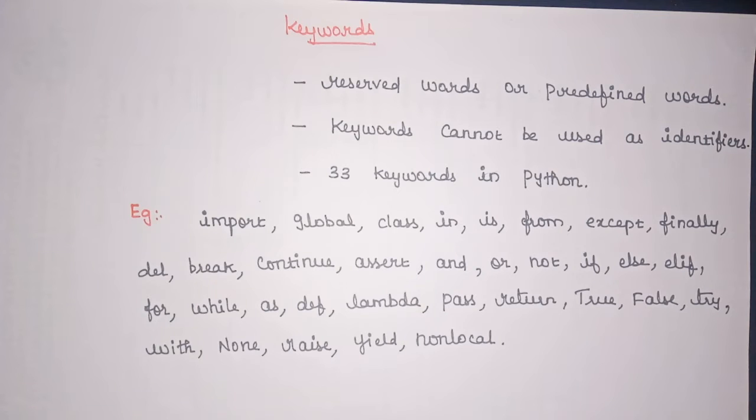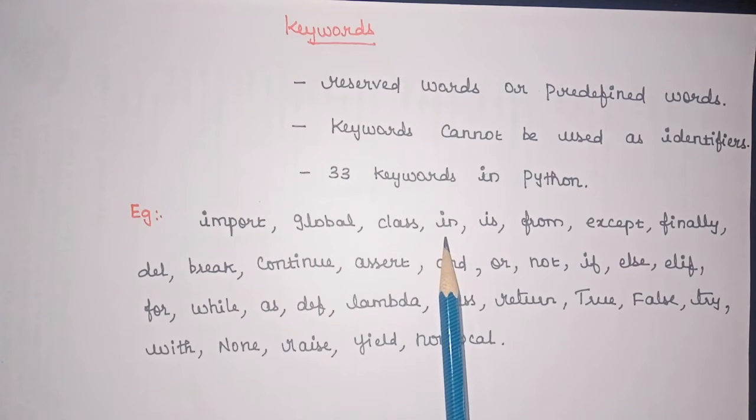Coming to Python, there are 33 keywords. For example, import is a keyword, and global is a keyword. We use import to import packages, global for declaring global variables, and class here.